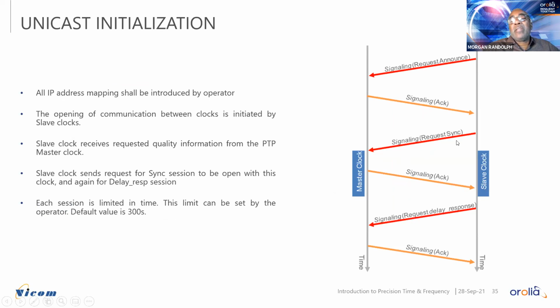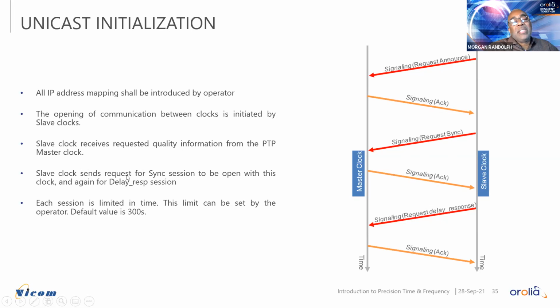Then you've got a request sync, then you've got the acknowledgement, you've got the delay response and the signaling, the acknowledgement. As it's stating here, the opening of communication between the clocks is initiated by the slave, which was done here. The slave clock receives requests, quality information from the PTP master clock.